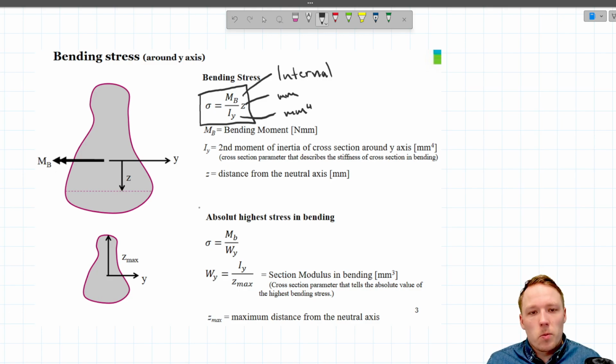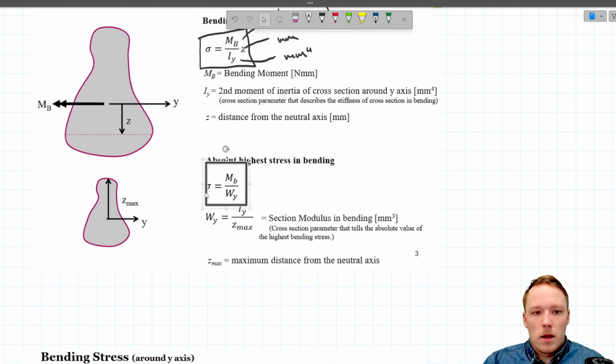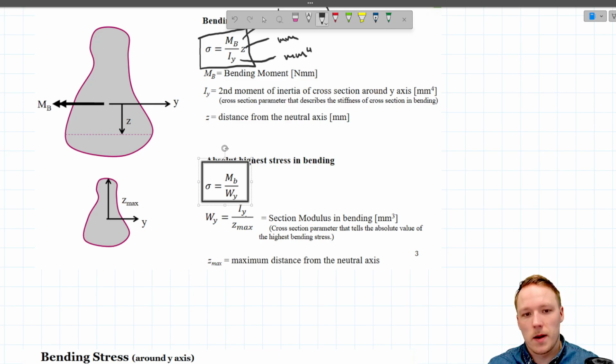Quite often what we want to calculate is the absolute maximum value for the bending stress, and in those cases, instead of using the second moment of inertia in the equation for stress, we can use the section modulus Wy. The section modulus can be calculated quite easily. How do we calculate that one? Well, it is calculated like it has been calculated previously.